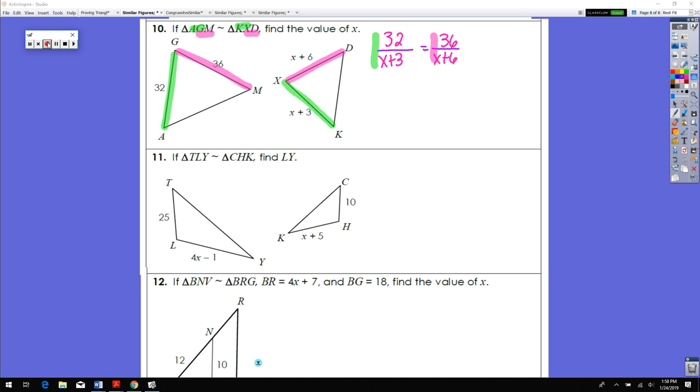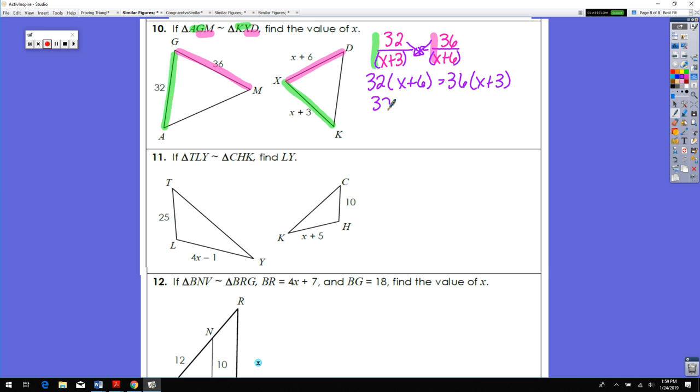Remember, if there's more than one term, I recommend that you put it in parentheses, because now we're going to cross multiply. So I'm going to multiply across this way first. So 32 times x plus 6 equals 36 times x plus 3.